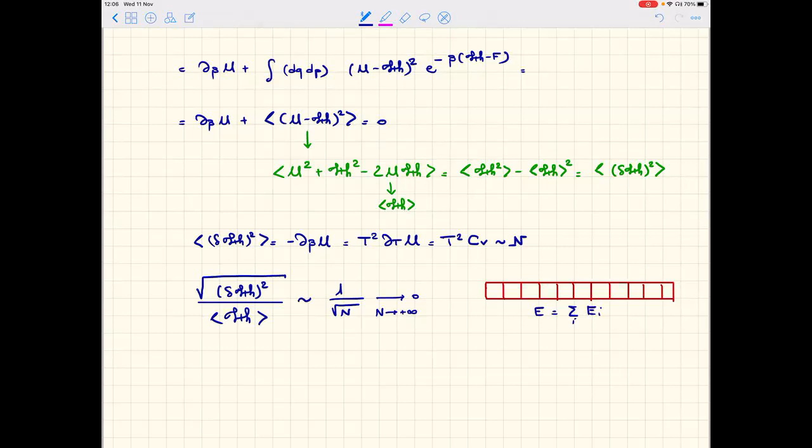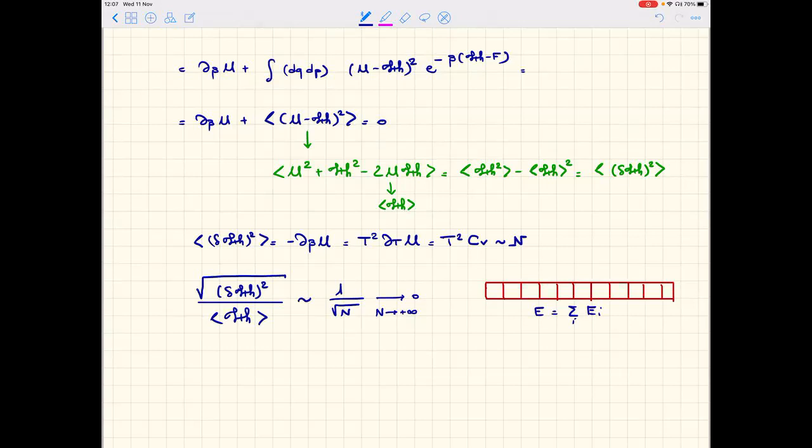Suppose that I take a very big system, I divide it into subsystems, some smaller components, and compute the average energy in each one of these subsystems. And of course, the energy is going to be the sum over all the energies.